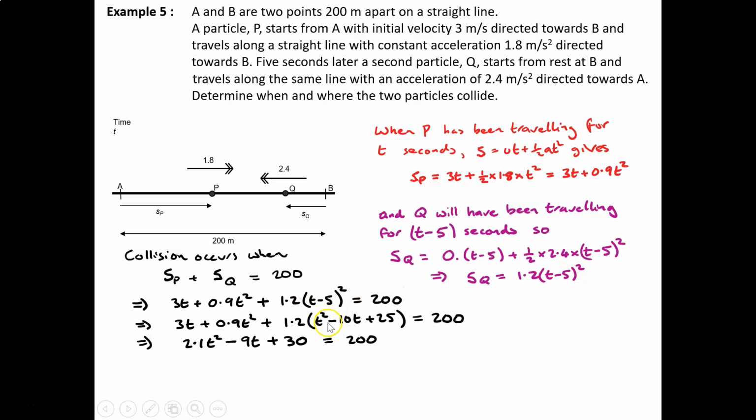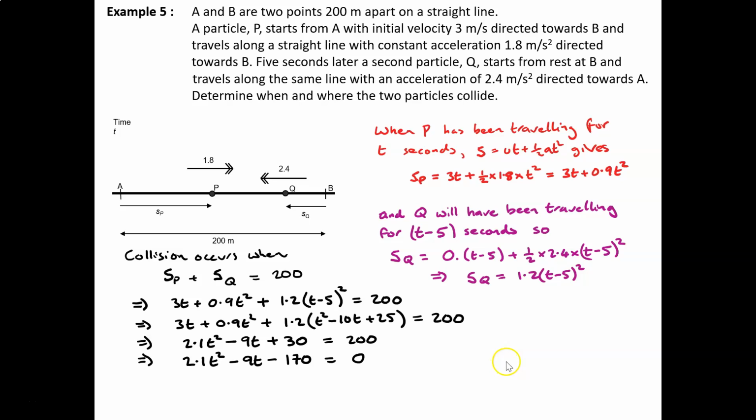So we've got t squared being 2.1. Then we've got minus 10t times 1.2, add a 3 gives us a minus 9t. And then we've got plus 30, 200 the other side, bring it over. And we get a quadratic now in t, 2.1 t squared minus 9t minus 170.